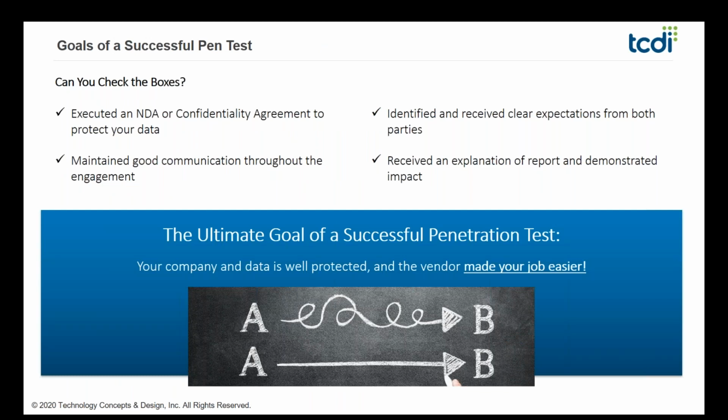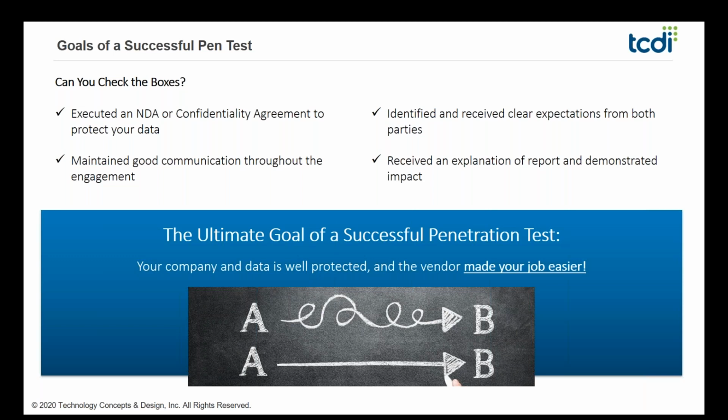So the goals of a successful pen test, I think a lot of the goals are respective to each organization, but there are some clear-cut goals that you can extrapolate just based on what most organizations need from a true pen test. You definitely want to have a confidentiality agreement or a non-disclosure agreement to protect your data and protect your systems from unauthorized disclosure to other parties outside of the pen testing engagement.